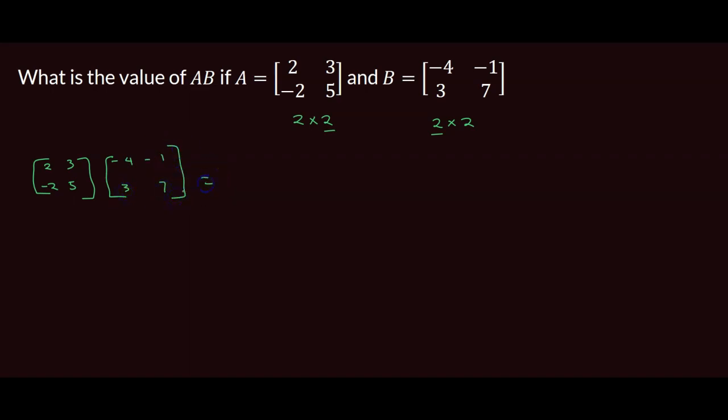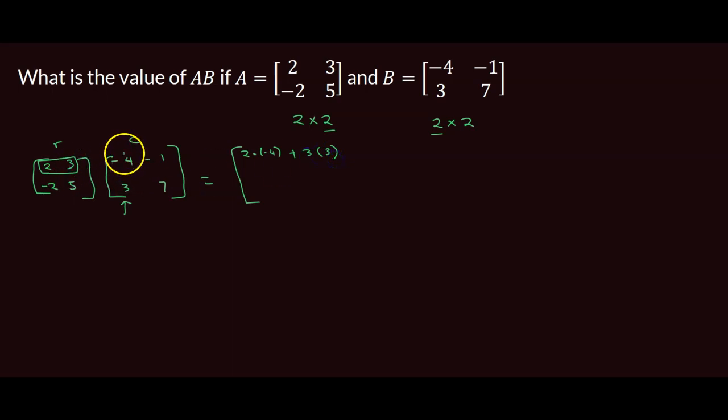So we're going to perform our dot product. So we have row here and then column here. We're going to multiply this row here by this column first. So we're going to multiply this way first. So this is going to give us 2 multiplied by negative 4 plus 3 multiplied by 3.